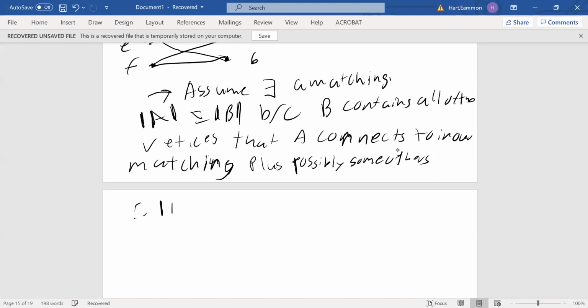Therefore, the cardinality of B is greater than or equal to the cardinality of A. The opposite direction is also pretty easy.